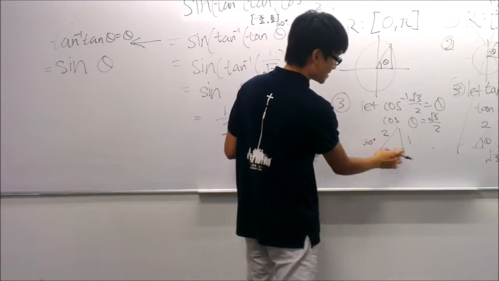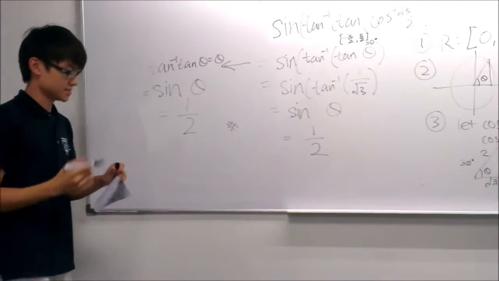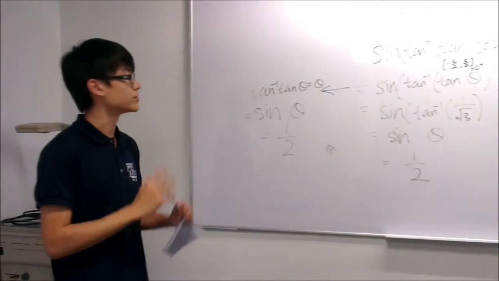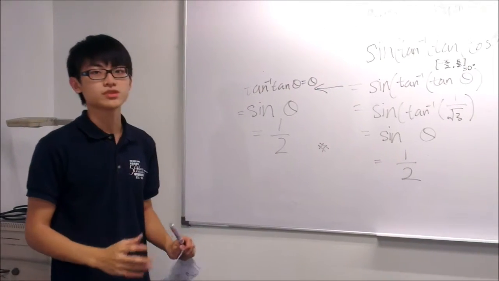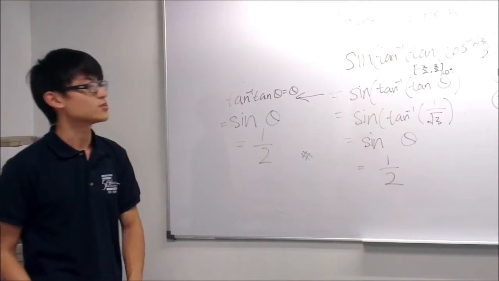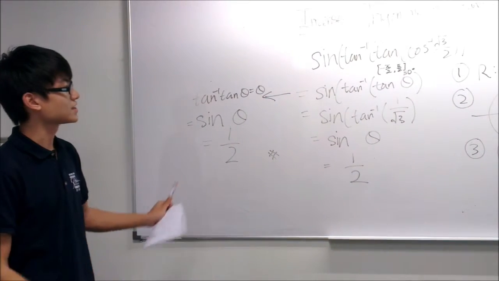So sine theta is 1/2. This is the answer. This is a shortcut which we can apply if you know the identities of inverse trigonometry functions. So actually we can solve this question within 1 minute. That's all for solving this question.